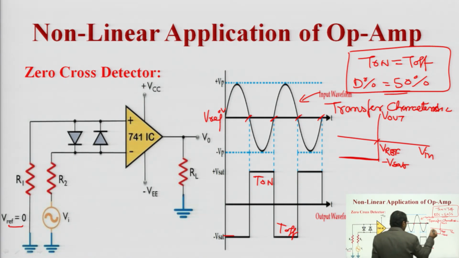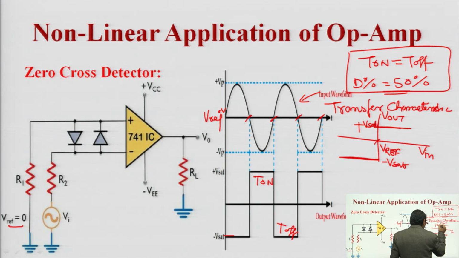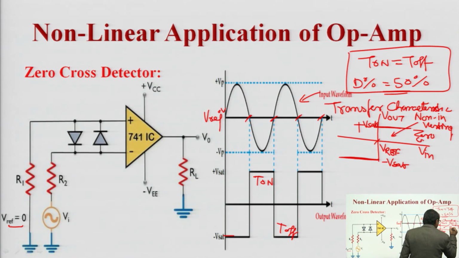If V in is greater than V reference, the output is plus V sat. This is the V reference for a non-inverting zero cross detector.